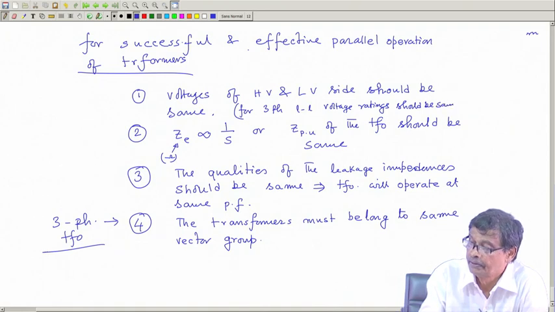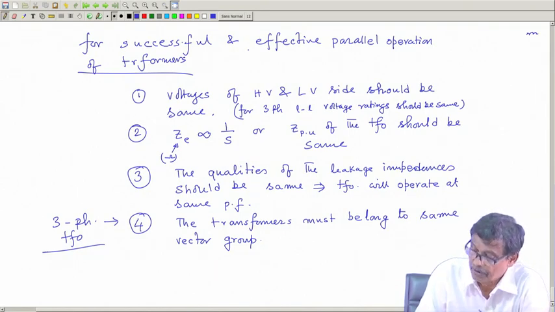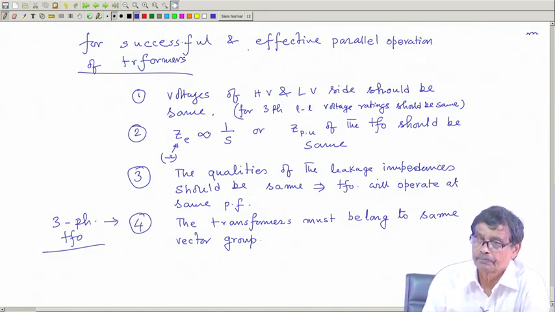Got the point? Line to line voltage ratings are same, and then I am telling the transformer must belong to same vector group, that is plus 30 degree or minus 30 degree and so on.